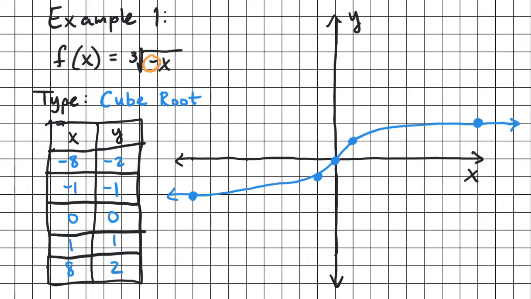So the negative is inside the function, and so that means that it's a reflection over the y-axis.